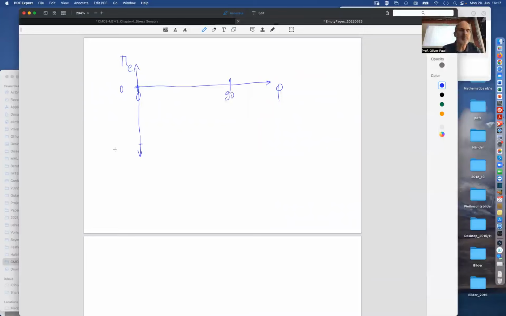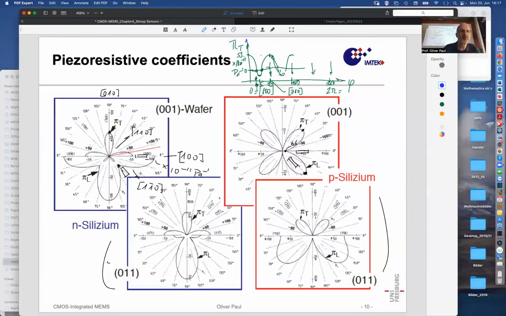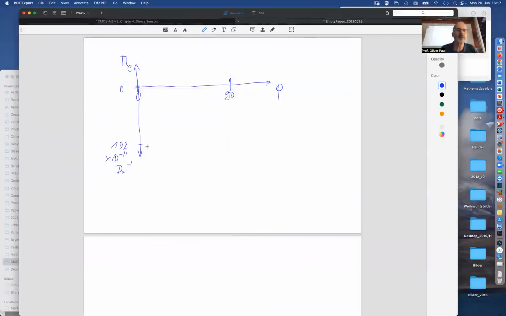Then we start at minus 102 times 10 to the minus 11 per Pascal, and then it goes down to which value? The value goes down to minus, I would say, about 25 or so. So let's indicate this on this graph. At 45 degrees, it's down to about 25, and then goes up again to minus 102. Something like this.